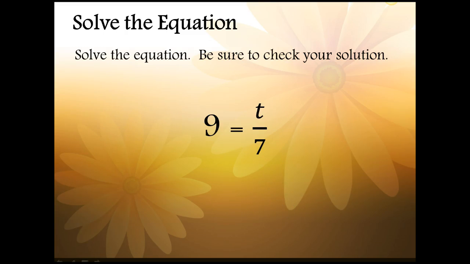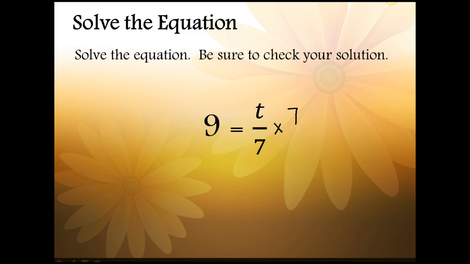Let's try 9 equals t divided by 7. First we locate the variable, which is t, and it's on the right hand side. T is being divided by 7, so we need to undo that division by multiplying both sides of our equation by 7. On the right hand side, I'm going to write times 7, and I can put 7 over 1, or if I want, I can just write the 7. That's a matter of personal preference.